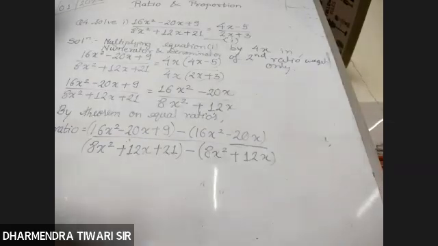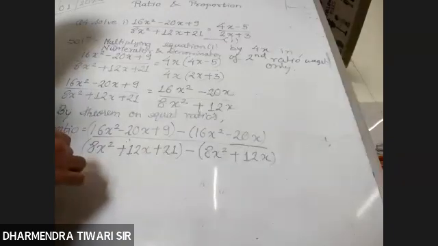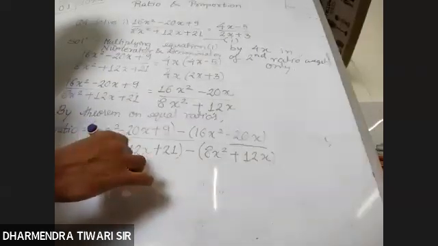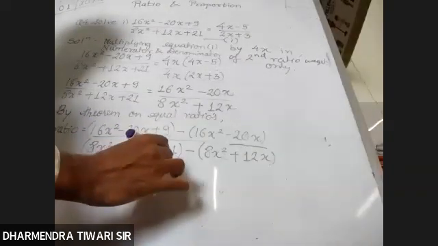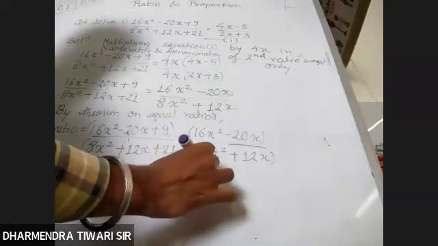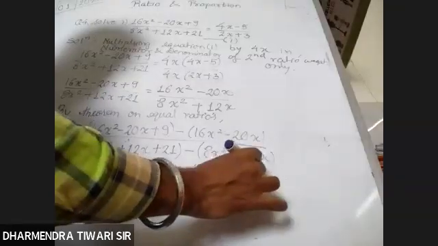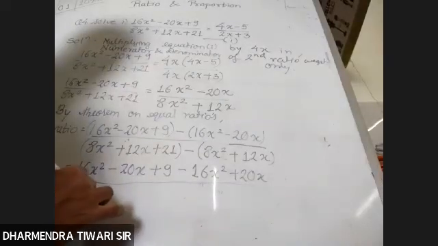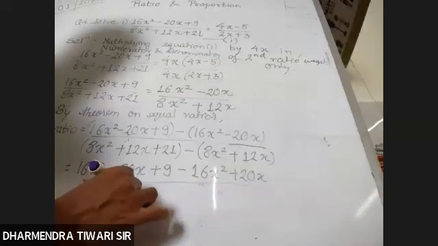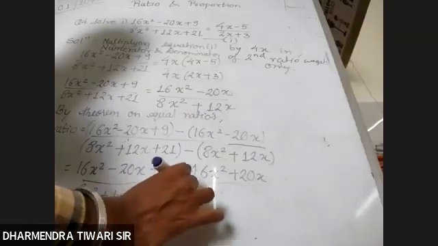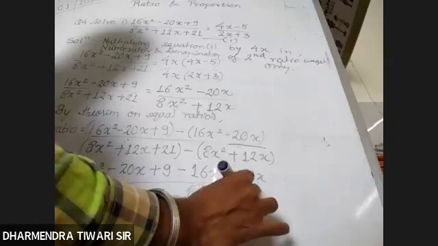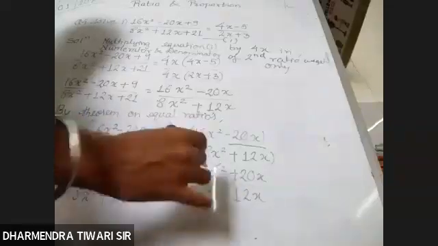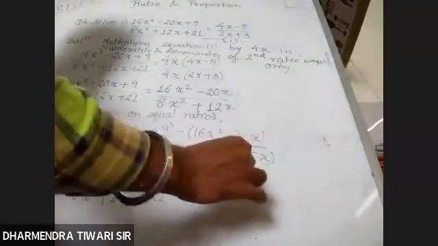Just open the bracket. We will be cancelling the terms. 16x square minus 20x plus 9 minus 16x square plus 20x divided by 8x square plus 12x plus 21 minus 8x square minus 12x. 16x square gets cancelled. 20x gets cancelled.